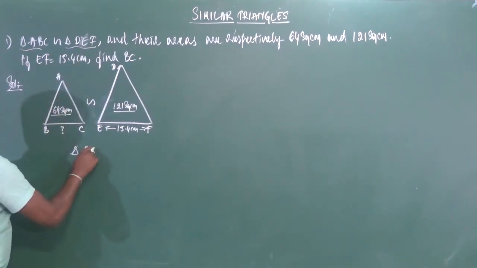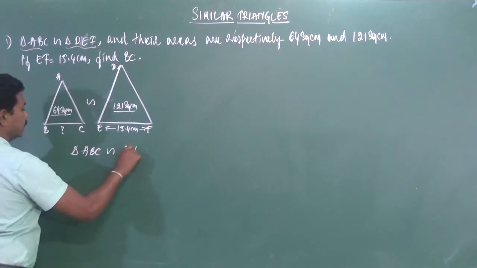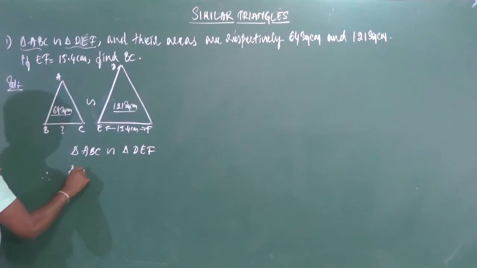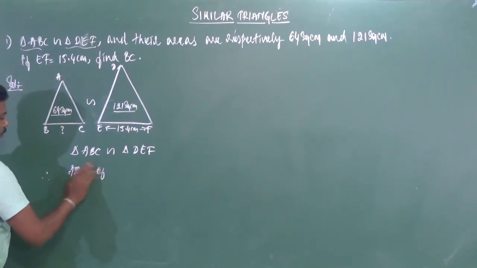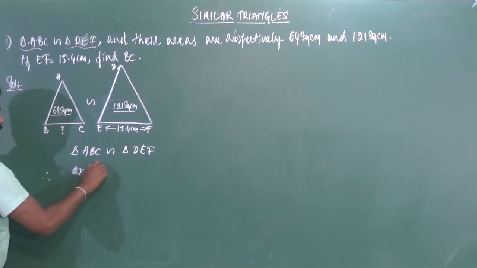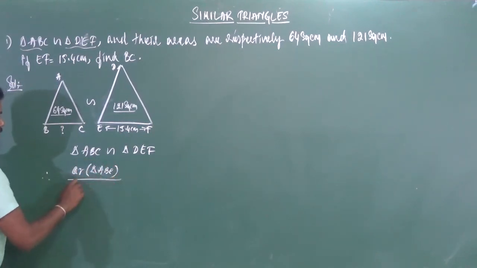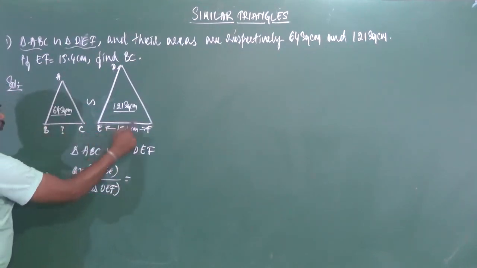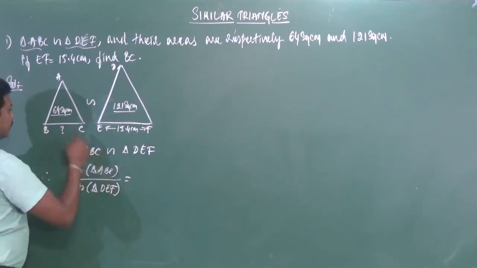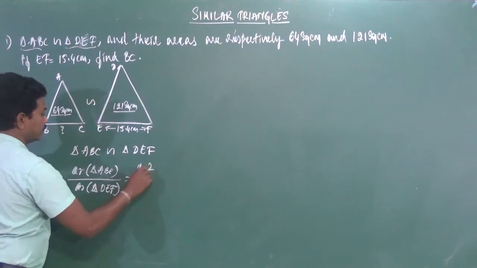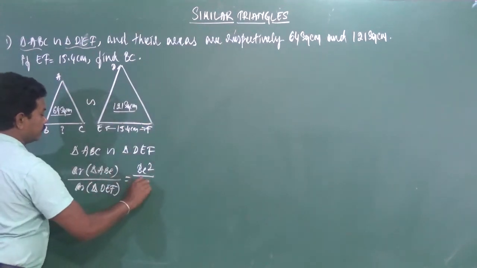Triangle ABC is similar to triangle DEF. Therefore, area of triangle ABC by area of triangle DEF is equal to the squares on their corresponding sides. As we have taken the name of triangle ABC first, we will write BC square by EF square.